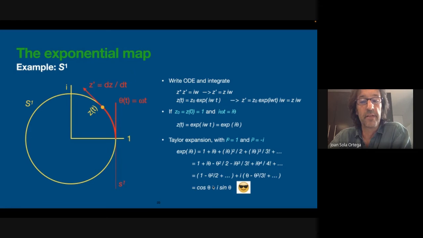So the result is cosine theta plus I sine theta, which is like, okay, cool, because I already knew that a unit complex number can be expressed as the cosine of the angle plus I sine of the angle. This we know, but this method allows you to get here, and this method you can replicate for any other group that you like. You can now go and see the rigid motions in 3D.